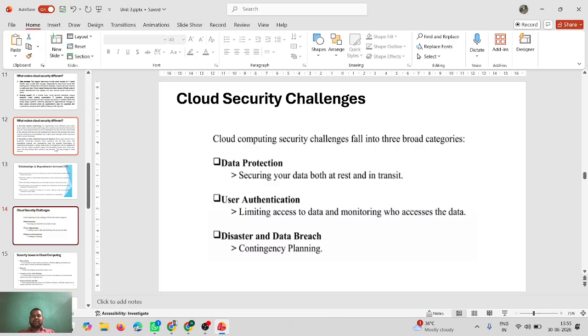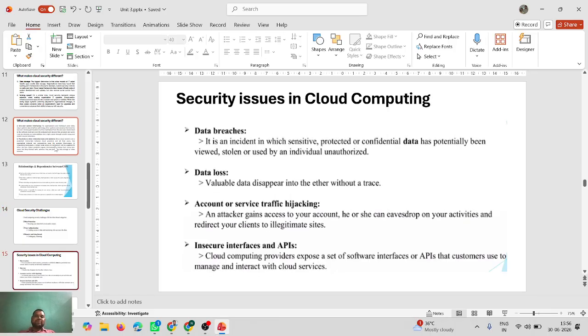And user authentication: how to authenticate whether the user is legitimate or not while accessing a particular data. And disaster and data breach: how to manage data, prevent data breach, and recover in case of data loss. And data breaches, data loss, as I said, account or service traffic hijacking.